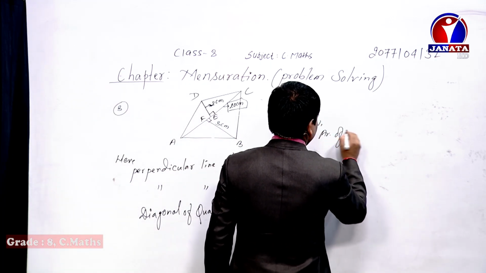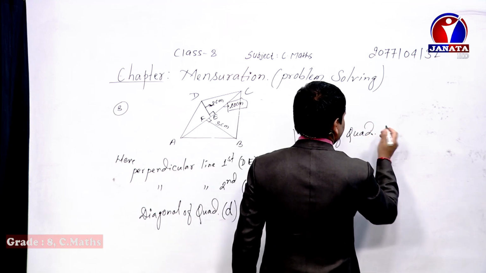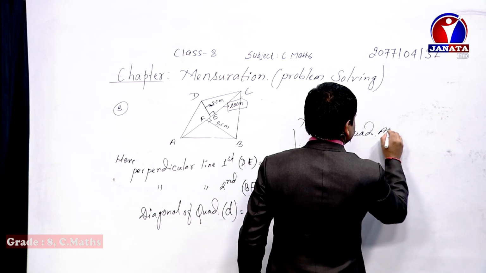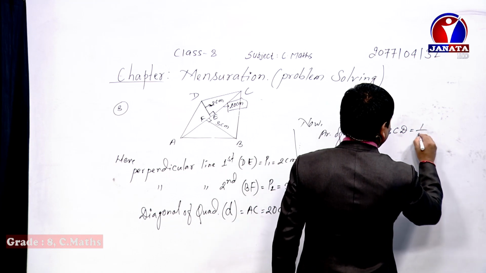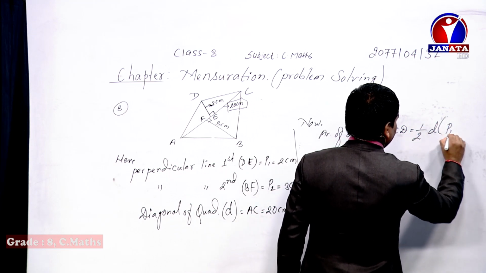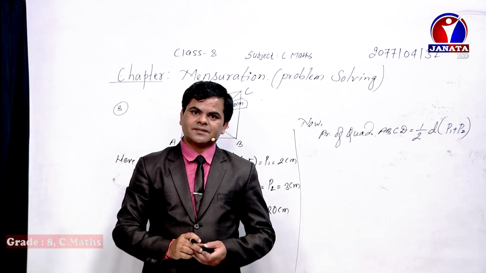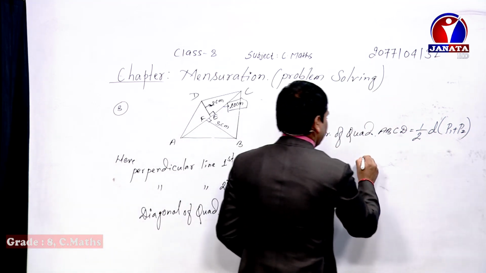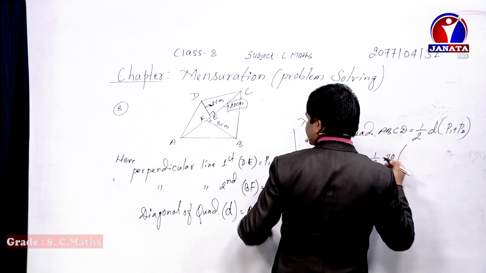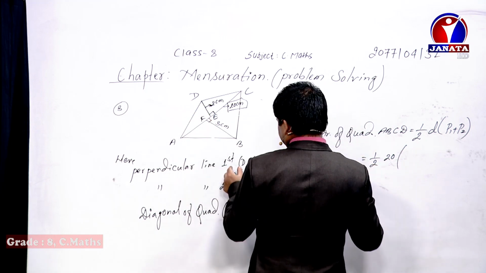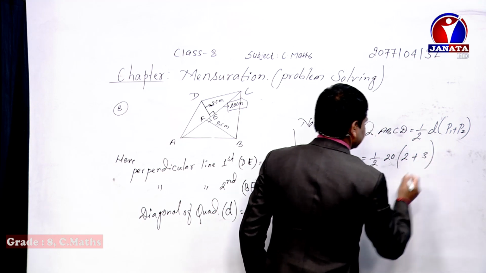So if we use the formula, now what can you do? Area of quadrilateral, you can mention the name of the quadrilateral here. Of course the name is given as ABCD. So ABCD equals 1/2 D bracket P1 plus P2. Now let's keep the values: 1/2, D is 20, P1 is 2 centimeter, and P2 is 3 centimeter.